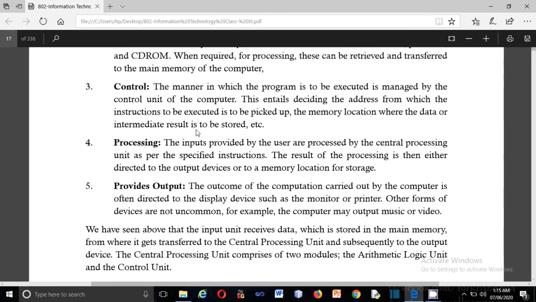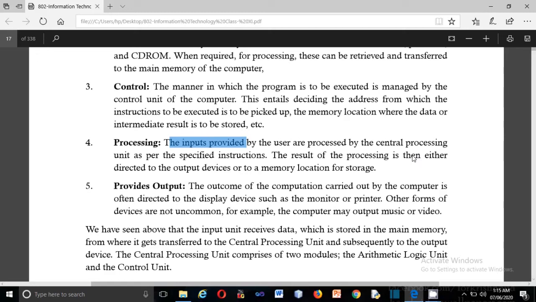The input provided by the user is processed by the central processing unit, the CPU, as per the specific instructions. The result of the processing is then directed to the output devices. Obviously, first of all we take input, we process that input, and after processing and getting the output, the result will be shown to the user with the help of some output device, like a monitor, the display of a mobile, laptop, or something else.